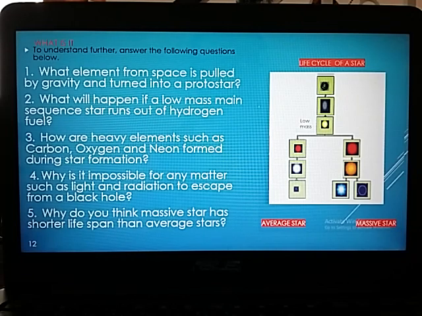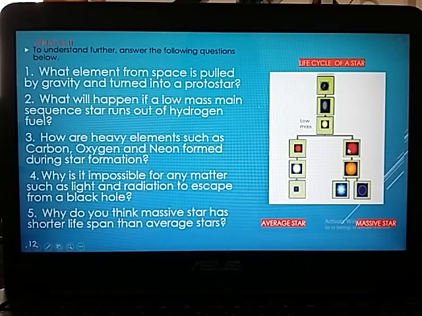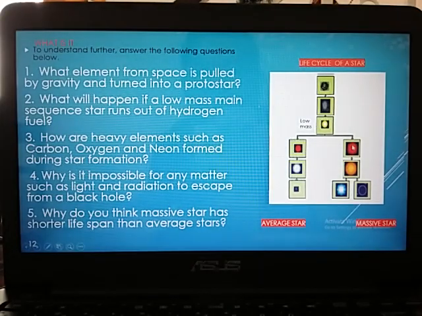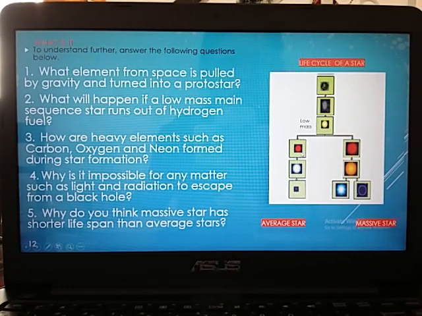And sa number 5, why do you think massive star has shorter lifespan than average star? So dito, pag massive star daw, mas madali ang buhay kaysa sa average star. So, ano ang rason? Because the massive star evolves, umikot, and cools faster than the average star.